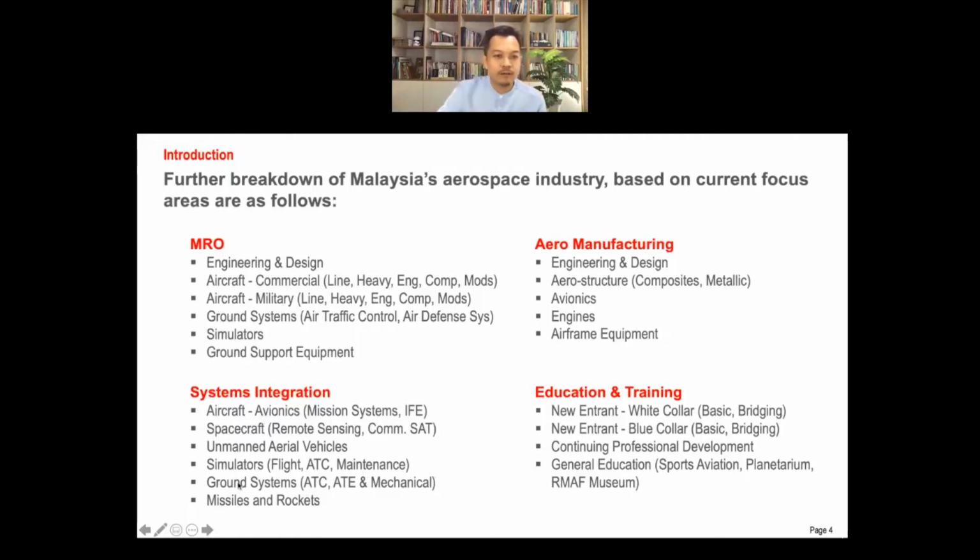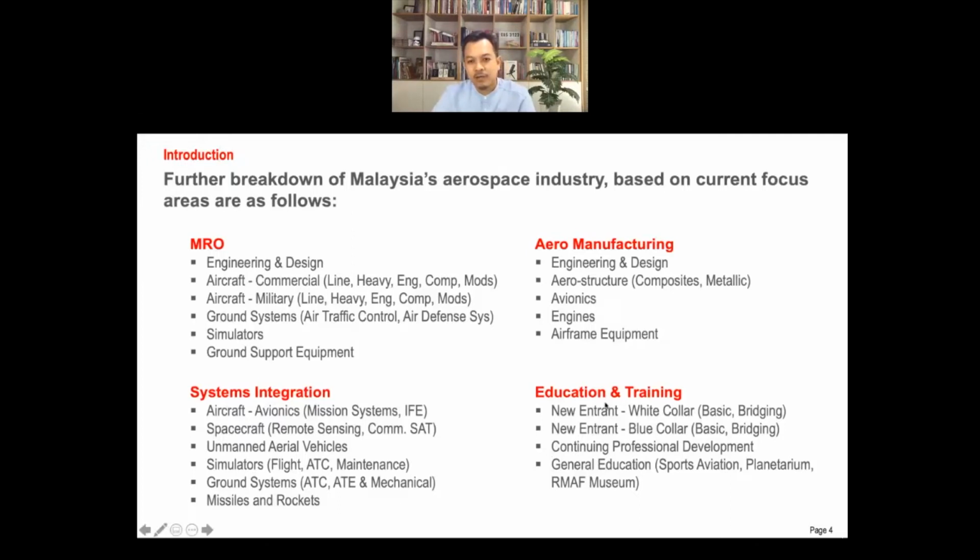And we also have system integration related to ground system, okay, ATC, ATE, and mechanical, and of course the missiles and rockets system integration. So we do not have manufacturing of missiles and rockets in Malaysia, but we do have system integration activities related to missiles and rockets.